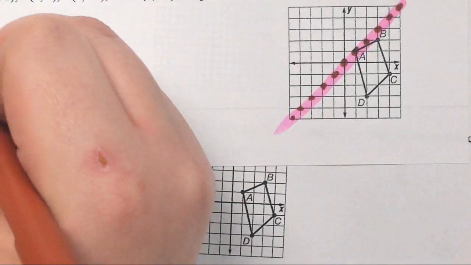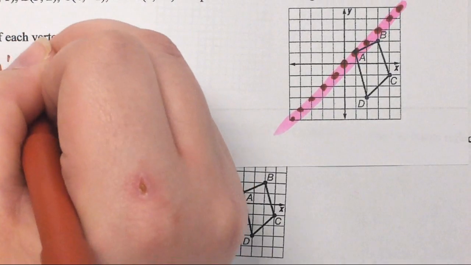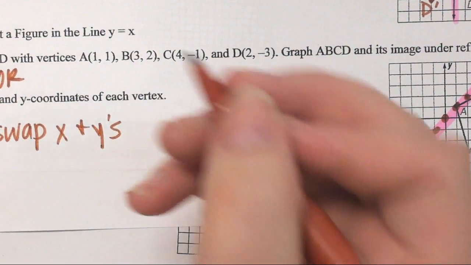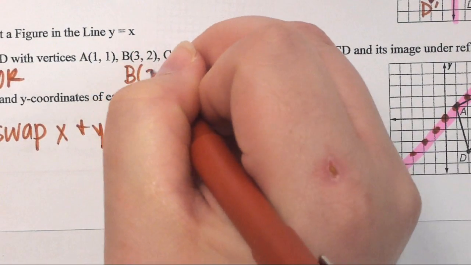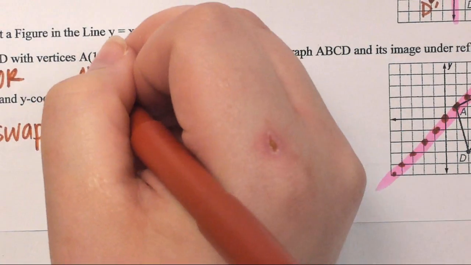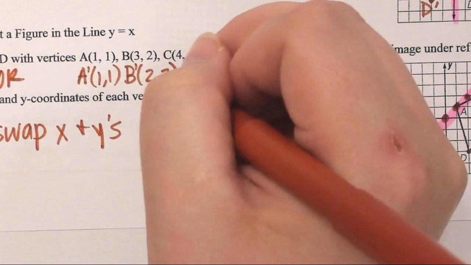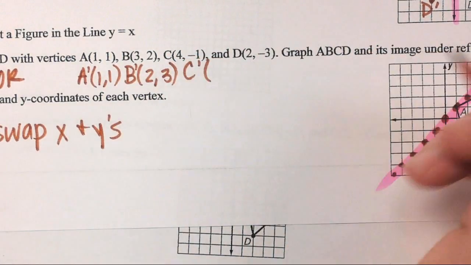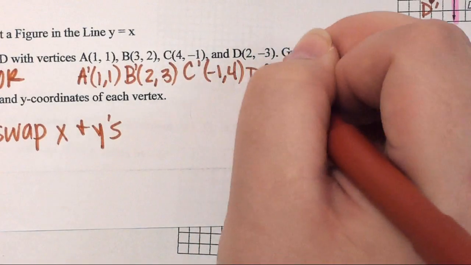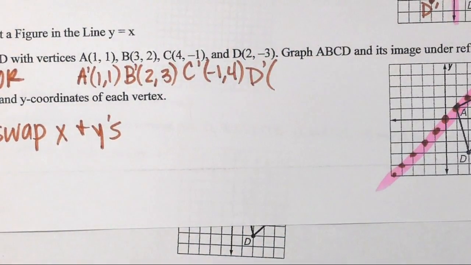So swap the X's and Y's. If you swapped X's and Y's, for instance, B would become 2, 3. What would A become? What would C prime become? You already got your pack of gum, chill out. What would D prime become?